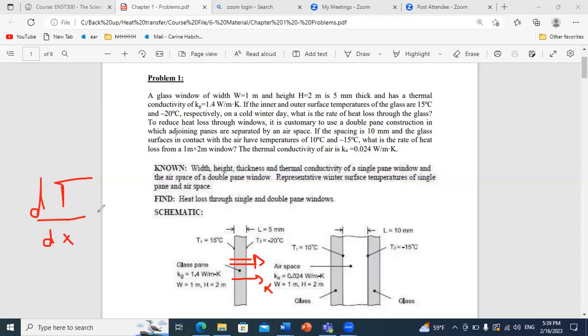That's why the flux is proportional to minus dT by dx. So minus dT by dx is equal to minus of T2 minus T1 over x2 minus x1.